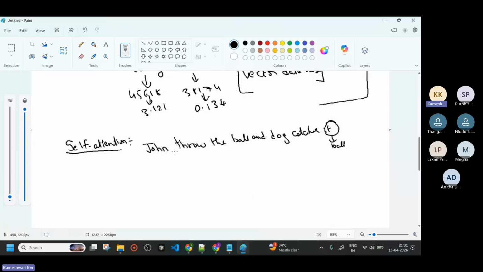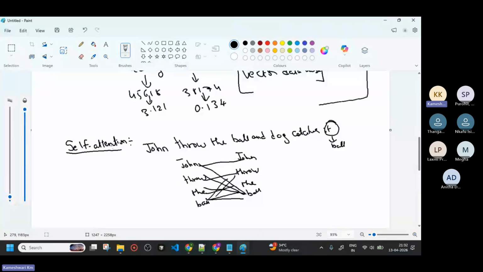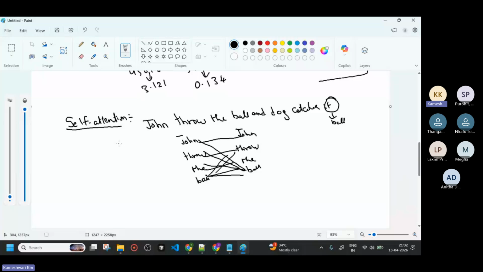The model itself got trained, it's inside, and it is going to make combinations, like multiple combinations of John throws the ball. It will remember all the ways, so that with a number of combinations it will understand what the meaning is, that "it" is nothing but the ball. So it comes under self-attention with decoder and encoder.